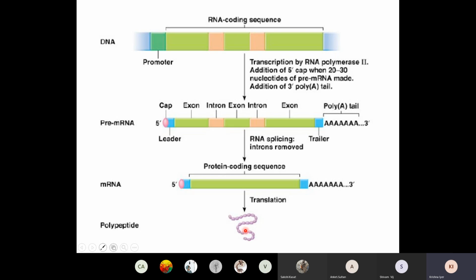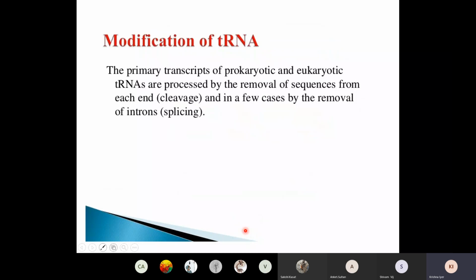Now, post-transcriptional modifications also occur with respect to the other types of RNA, which are tRNA as well as rRNA. Okay, for example, here is what happens both in prokaryotes as well as eukaryotes. Please remember I told you post-transcriptional modifications are not something which occur only in eukaryotes, they do occur in prokaryotes also.